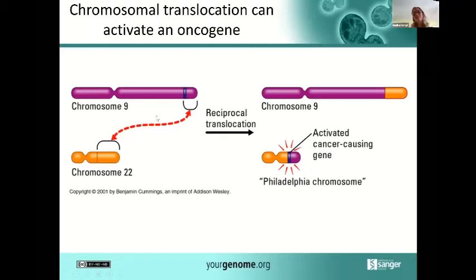Chromosome number 9 has lost a gene, and it's been added to chromosome number 22. When this happens, you make a cancer gene. It's known as the Philadelphia chromosome. It's the one that causes chronic myeloid leukemia. So that cancer is caused by reciprocal translocation.